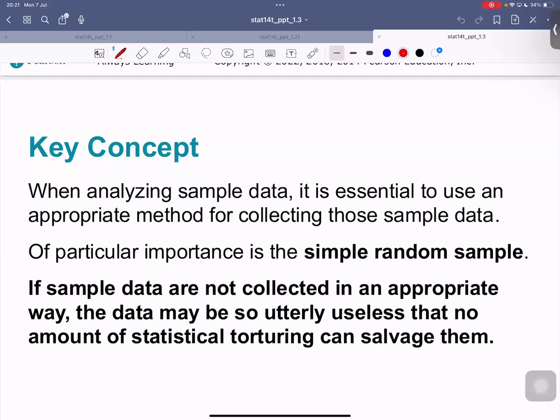So that's not the appropriate way to collect the data, and those data will be so utterly useless that no amount of statistical torturing can salvage them, right? That is one example for this key concept.